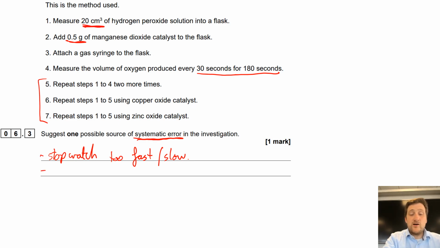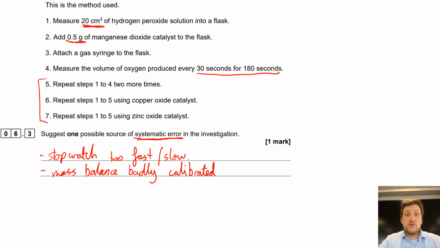Now, the way we answer this is going to be very similar. So if we said the mass balance, what could be wrong about the mass balance? We know from a zero error, it's always a little bit higher, but we might not have seen that and recognized it as a zero error. It could be badly calibrated. So it might not be that it's actually showing a zero error.